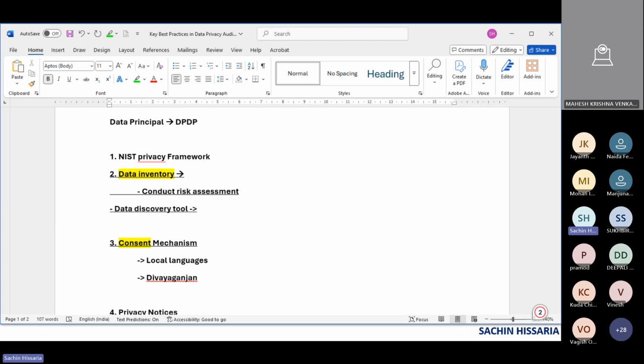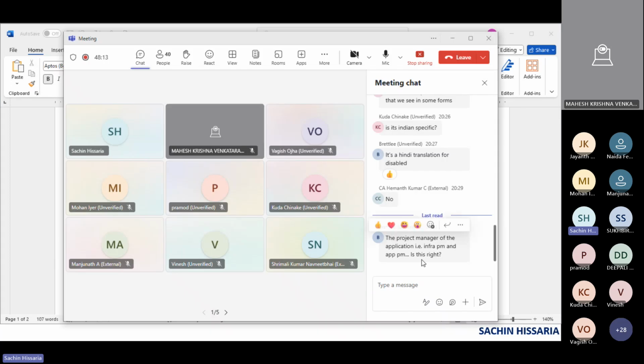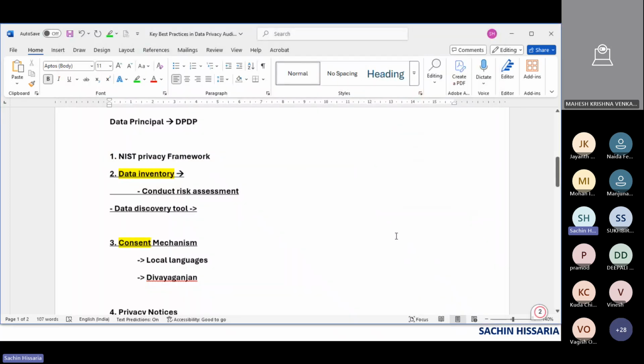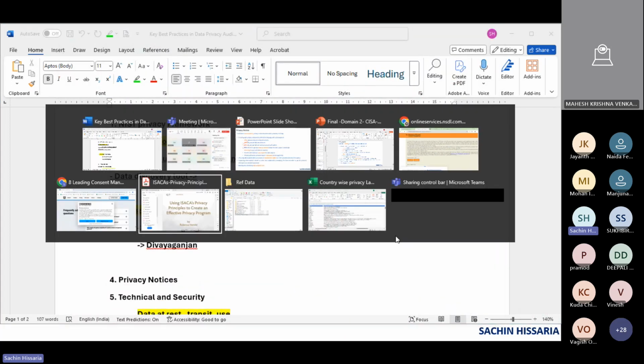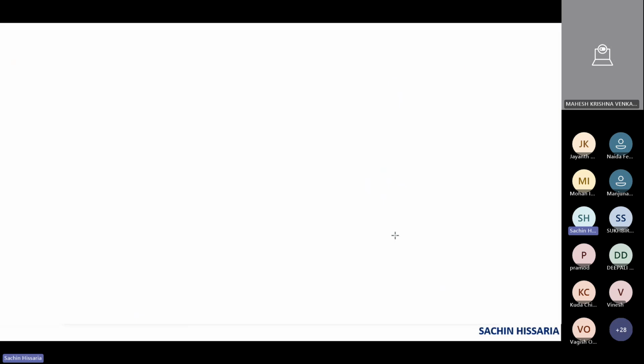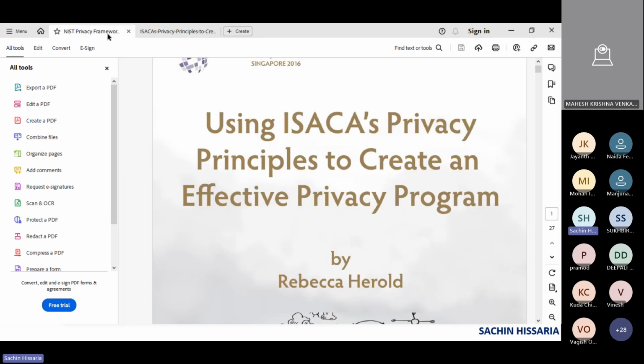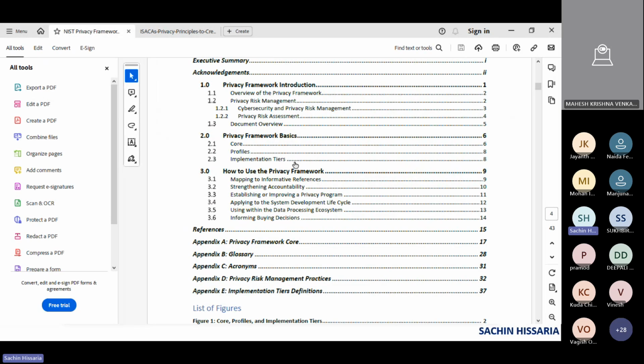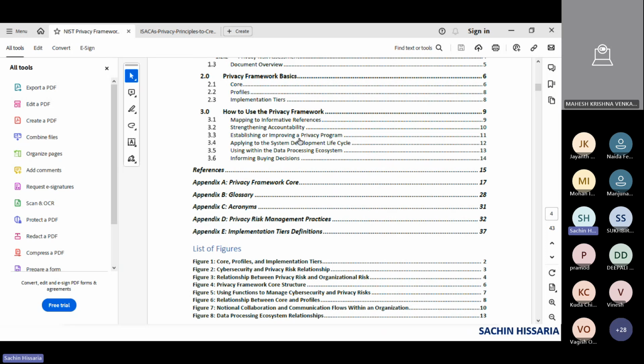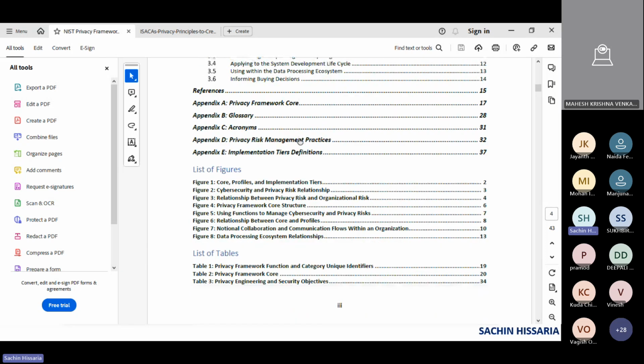Apart from this, there are a lot of other controls that a company needs to implement when they are going to comply with data privacy regulations or a framework. These frameworks, as you can see here, are very detailed, and they tell the company what control mechanisms they need to implement related to their PII and SPI data.